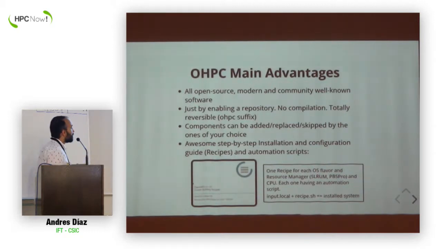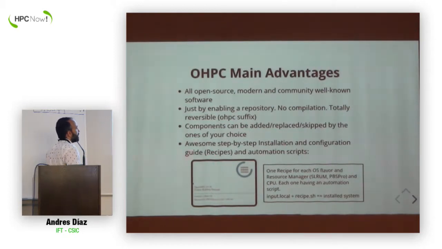Every package in the repository has an OHPC suffix, and you just use wildcard removal with yum or whatever, and you just remove everything if you don't like it, or start from the beginning. And you can choose the components; they can be added, replaced, or skipped. So you are not forced to use all the packages in the repository.